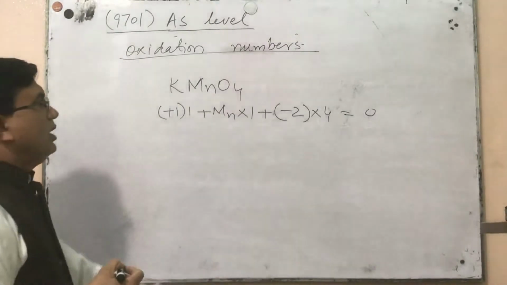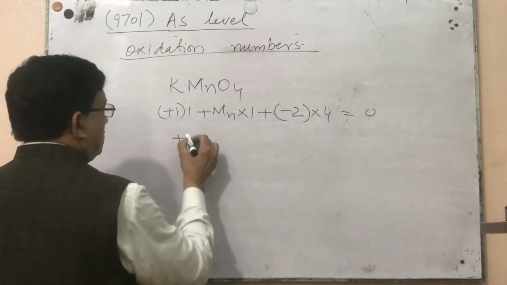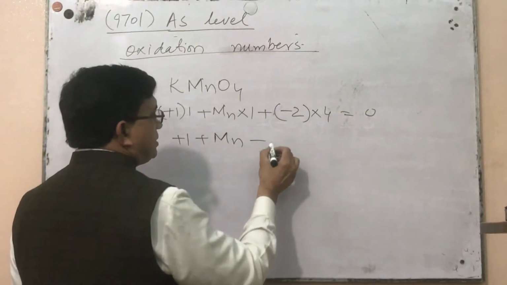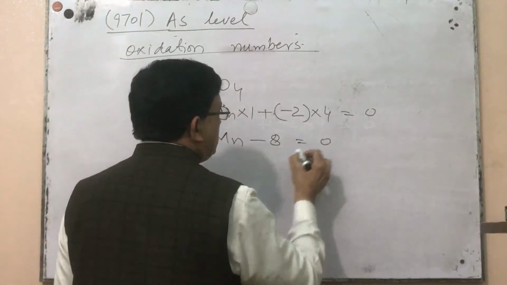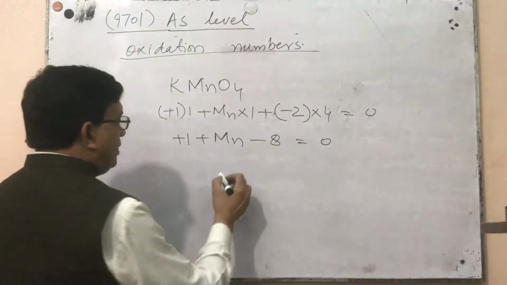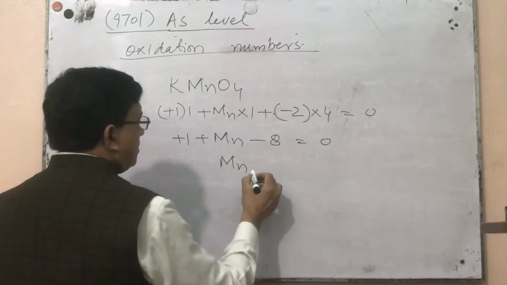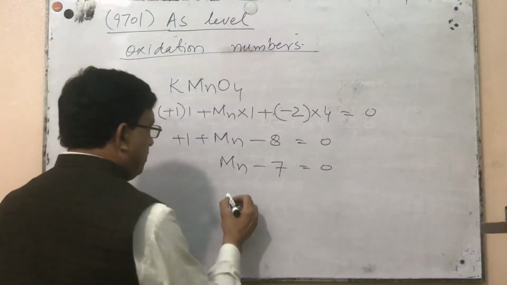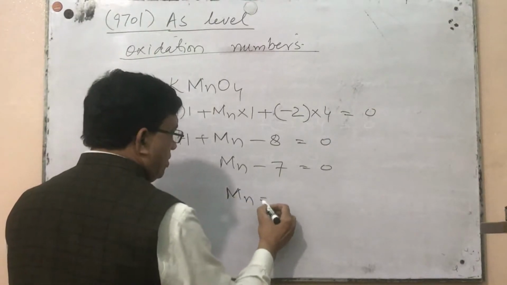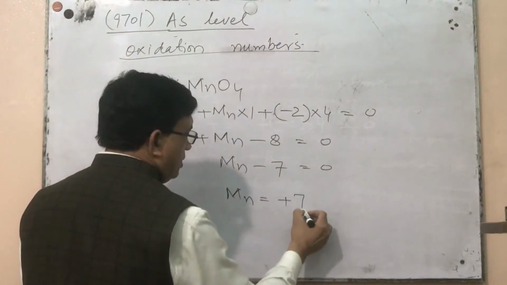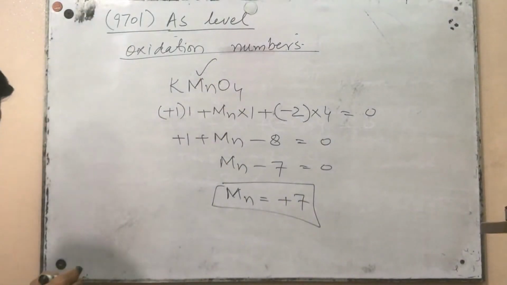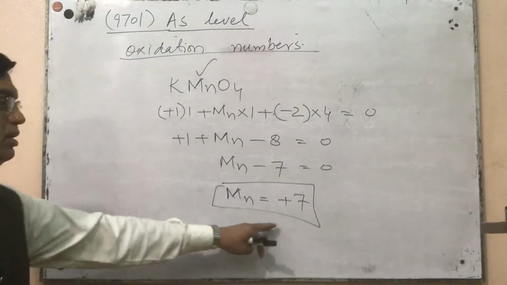Now we can calculate this easily. +1 plus Mn and -8 is equal to 0. By solving this, we will get Mn - 7 is equal to 0. And by shifting -7, we come to know that the oxidation state of manganese in KMnO4 is +7.